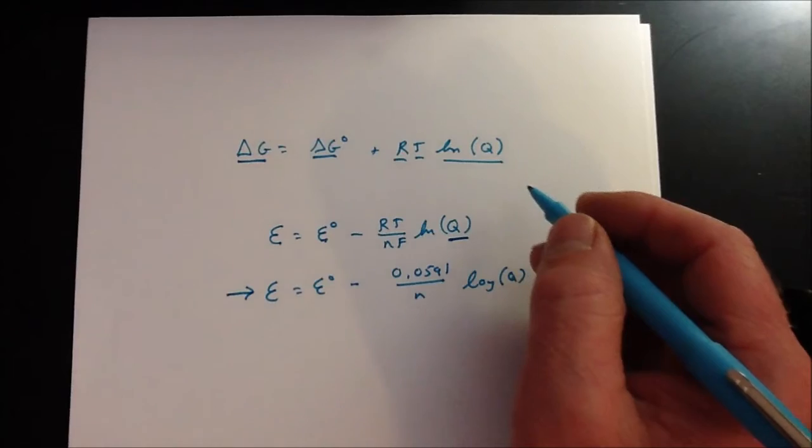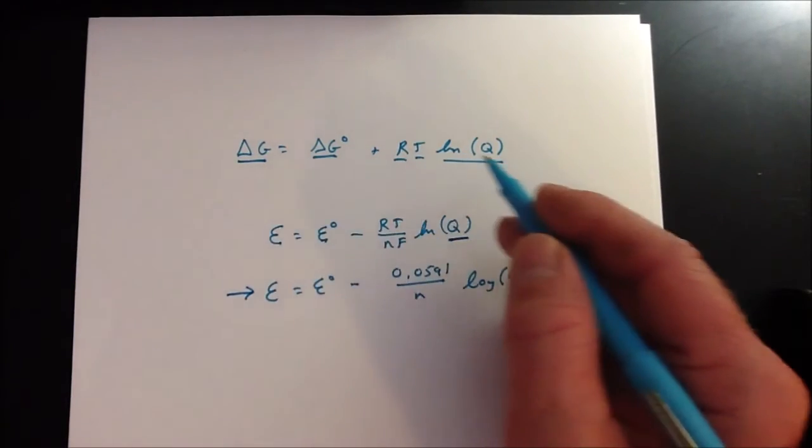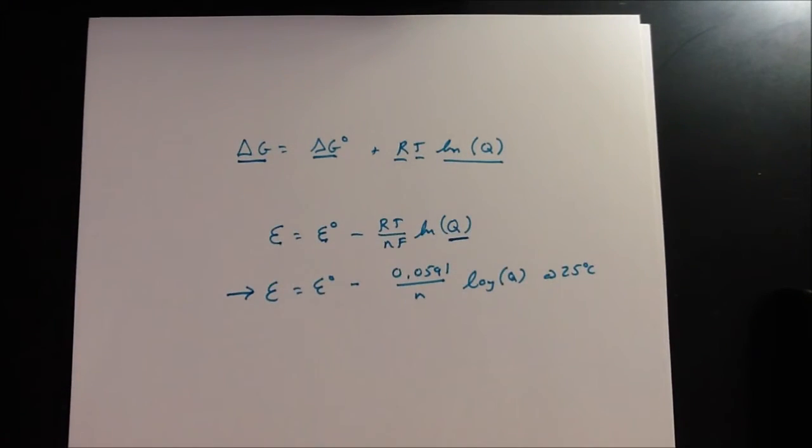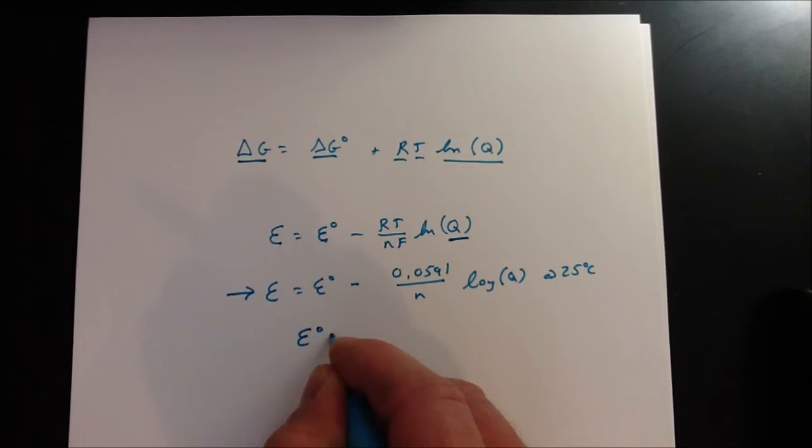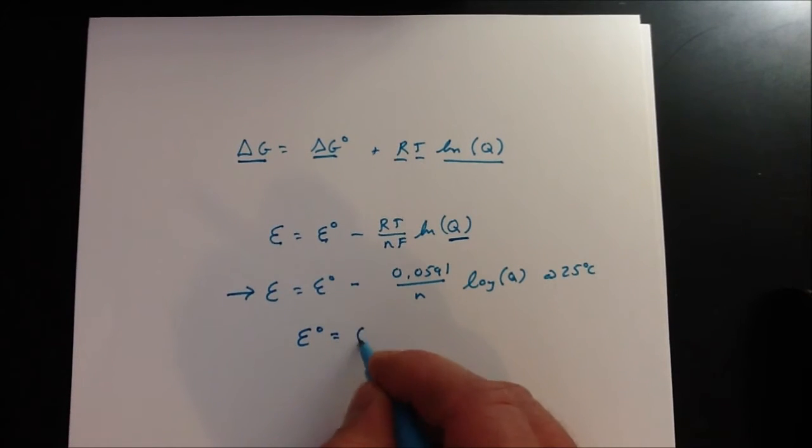So now we've kind of crashed our Gibbs free energy and equilibrium and all of this together, and ultimately, when Q and K are equal, then we're at a point of equilibrium. And at equilibrium, the cell EMF is 0.